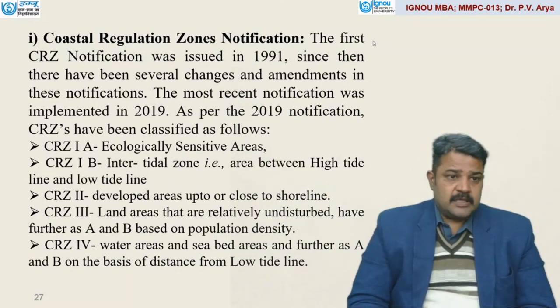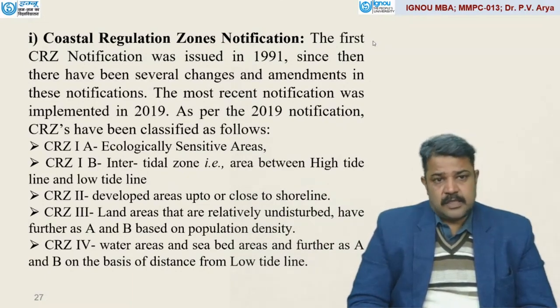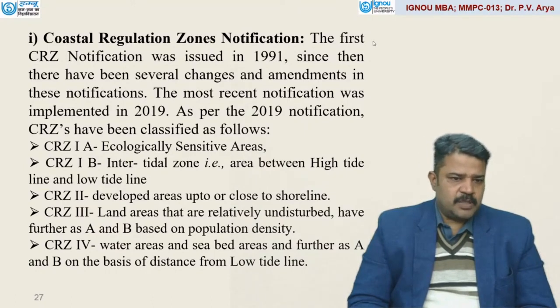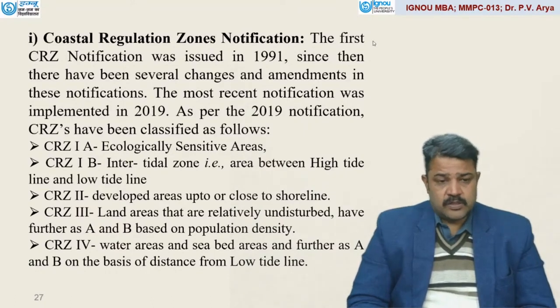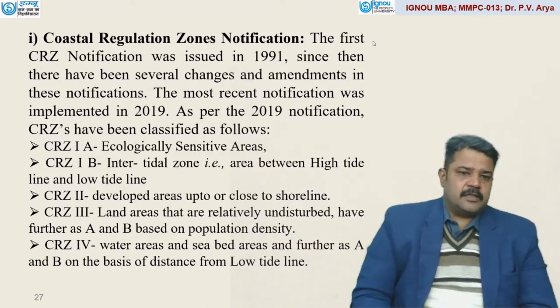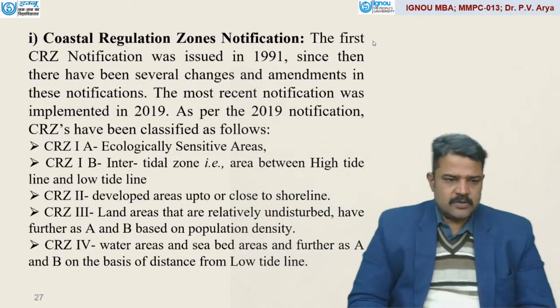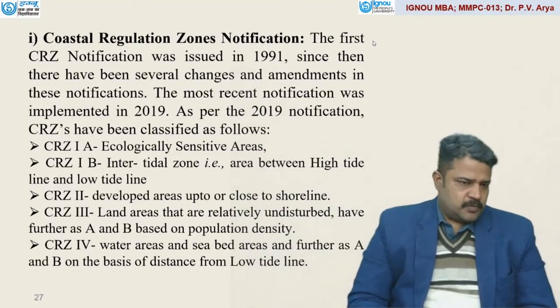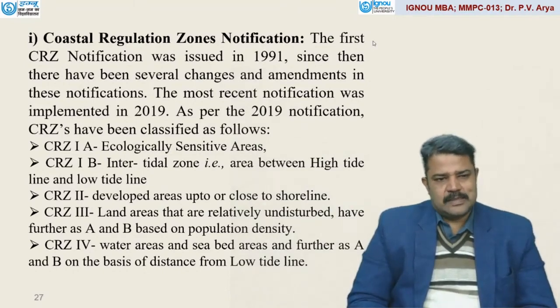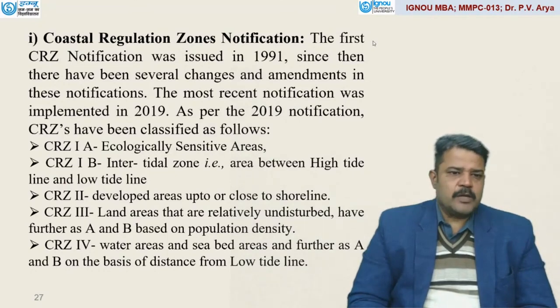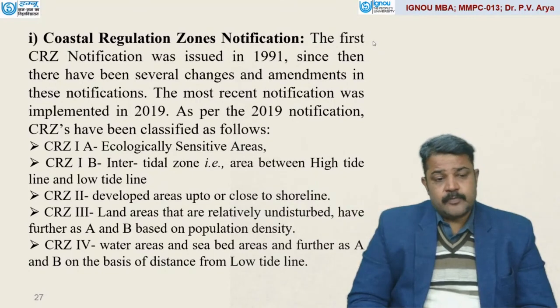Similarly, there is also the Coastal Regulation Zone Notification 1991, which defines the coastal zones as Zone 1A, 1B, second, third, fourth accordingly. And there are restrictions of activities on those areas. Zone 1A is ecologically sensitive area, 1B is the intertidal zone, the area between the high tide line and the low tide line.